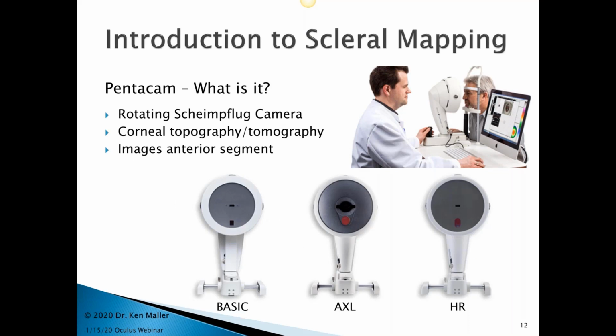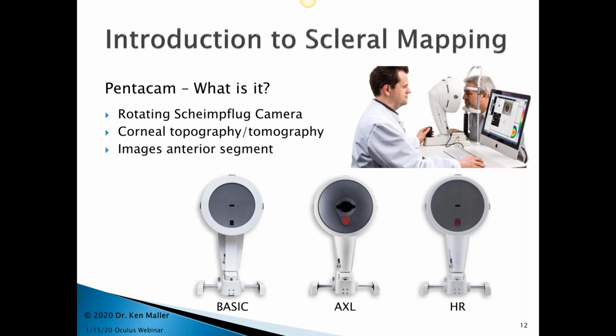Well, it's a rotating camera. It spins around, and when it spins around, it takes optical slices through the cornea, giving you both corneal topography as well as tomography data. It images further back than the cornea, and you really can get into the anterior segment pretty nicely. There are three units, as you can see down on the pictures there.